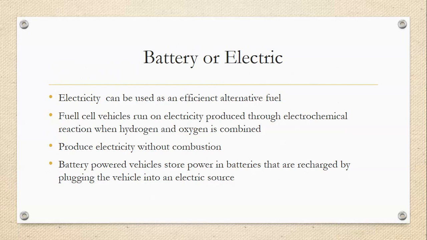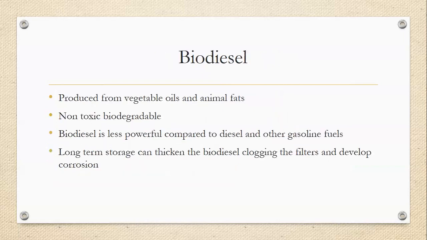So in this, without combustion, we produce electricity, and this electricity is stored in the battery, and this battery is put into the car, and the vehicles operate. Normally, battery powered vehicles store power in batteries that are recharged by plugging the vehicle into an electric source.